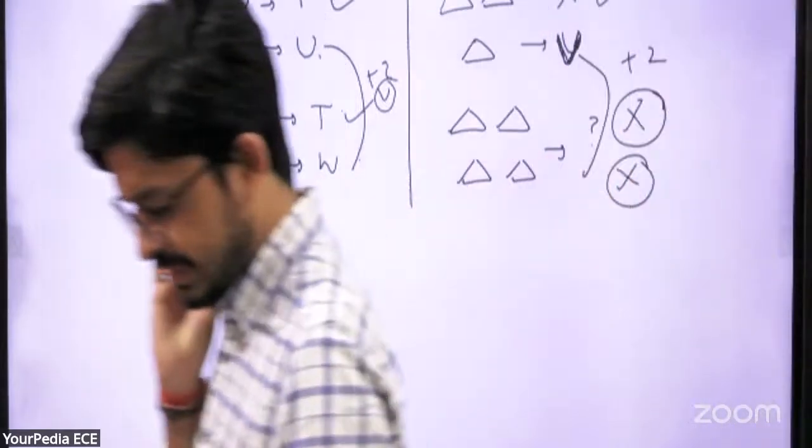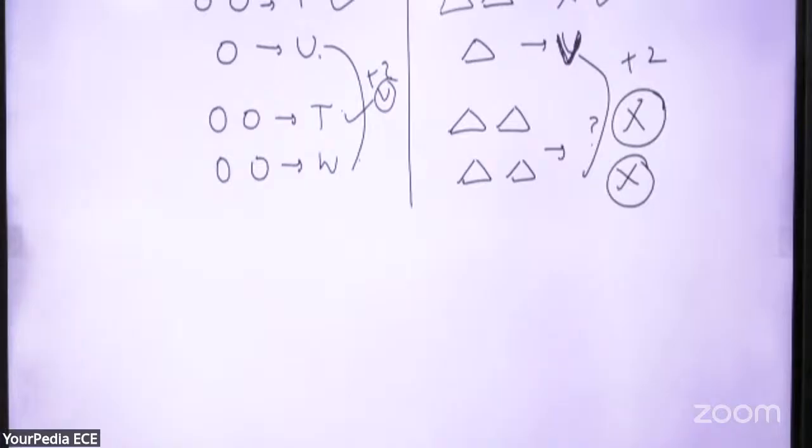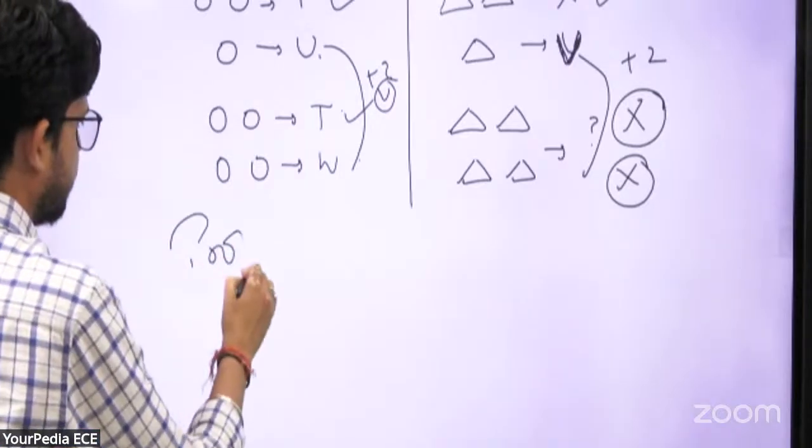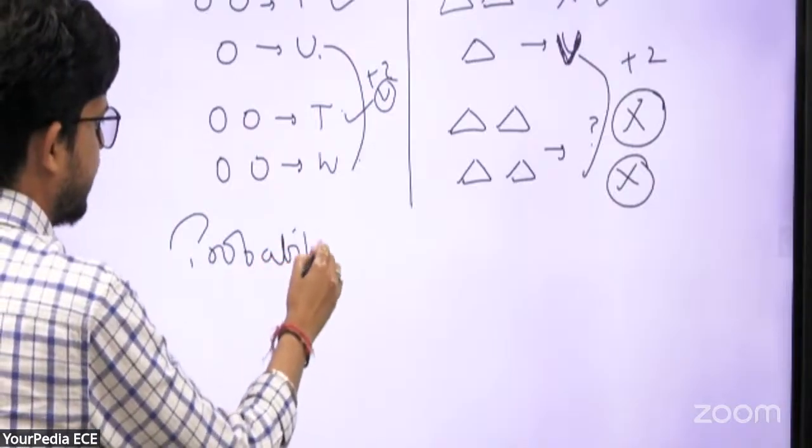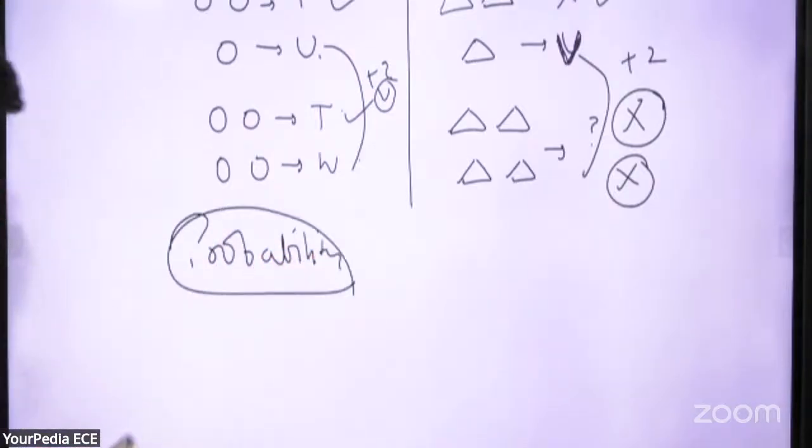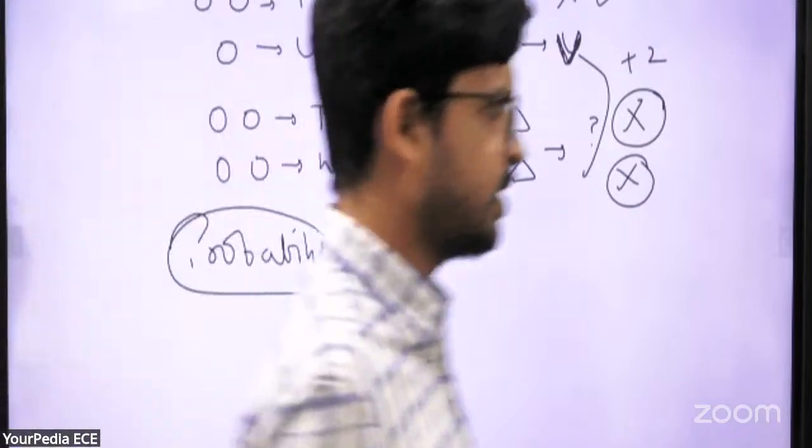We can't get that clearly, but basically the question is related to coin probability. A probability question related to coin toss is also there. So these are the questions coming.